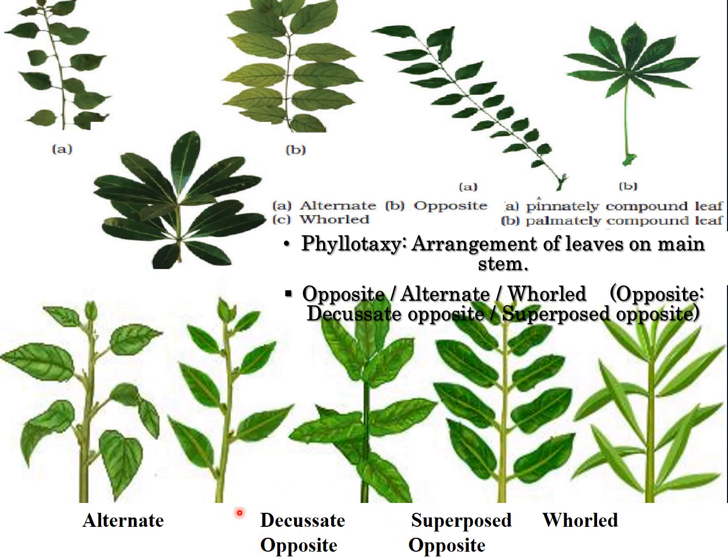Each pair of leaves forming a right angle with the other pair, thus giving four vertical rows of leaves around the stem, is called decussate opposite, while in superposed, all pairs of leaves vertically coincide with each other, and thus two rows of leaves around the stem is called superposed. And whorled means like this: more than two leaves per node. Here you can see more than two leaves per node.